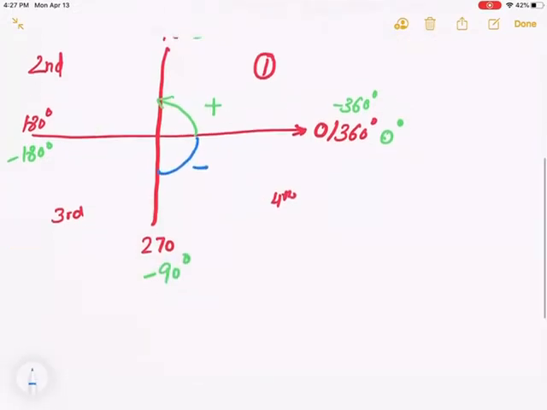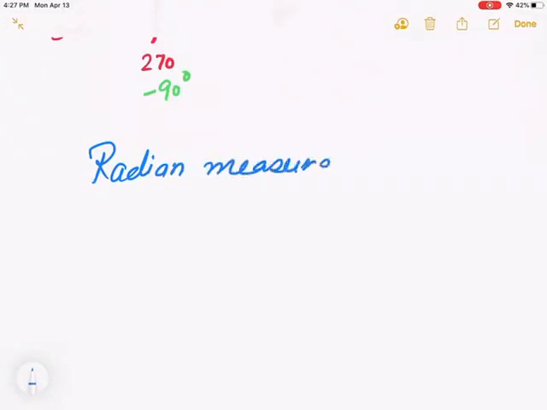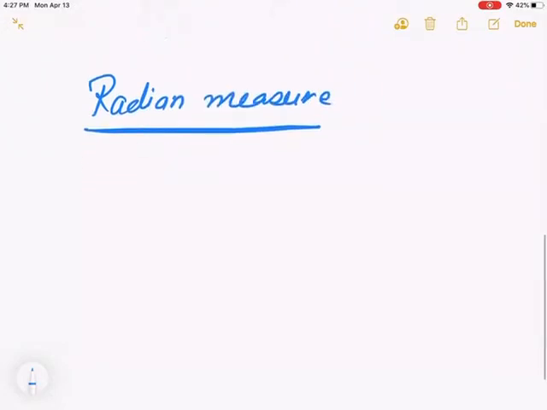All right. A few other vocab terms, I would say. I hope you remember radian measure. Radian measure is just another way to measure angles. Normally we do it in degrees, but radian is just another way to do it. What is 1 radian equal to? Let's talk about that.